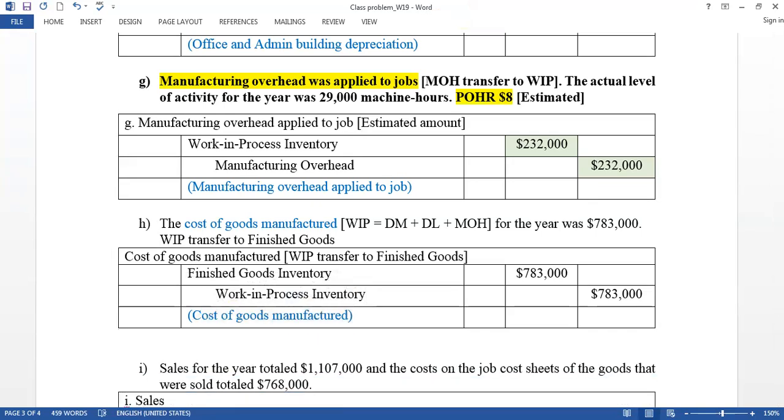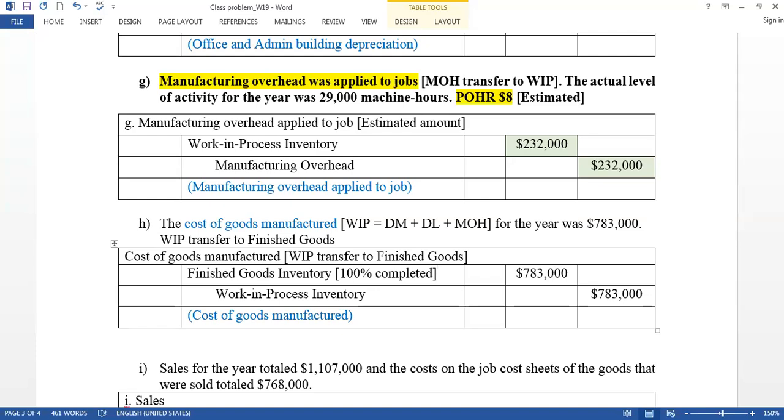Now all products belong to finished goods, right? And what is the meaning of finished goods? When finished goods inventory is debited, it means that it is 100% completed. Because every work in process is transferred to finished goods. So work in process is partially completed, right?